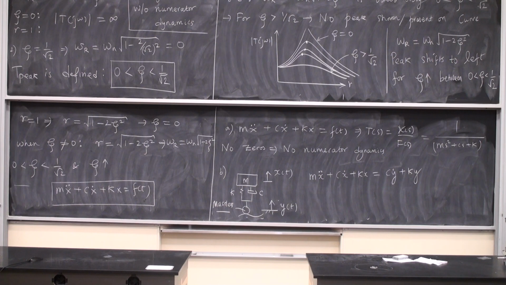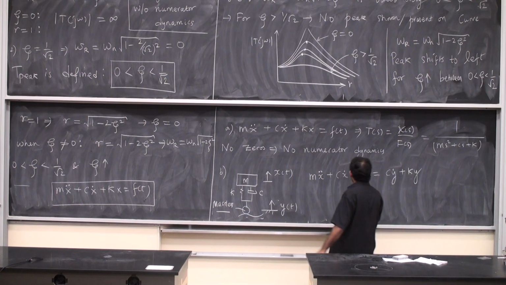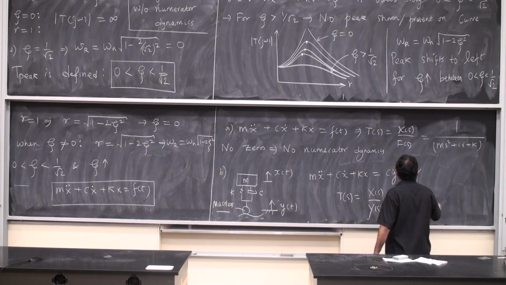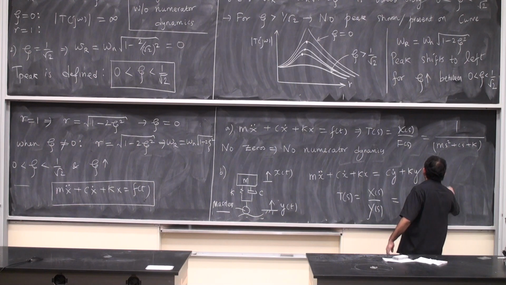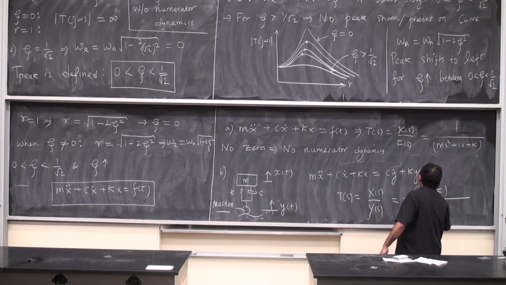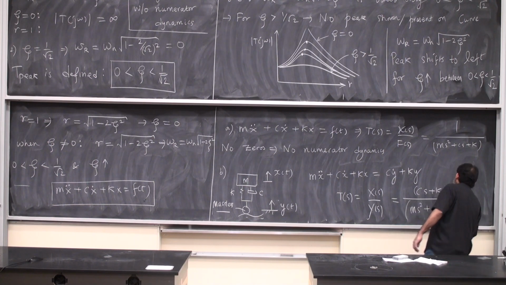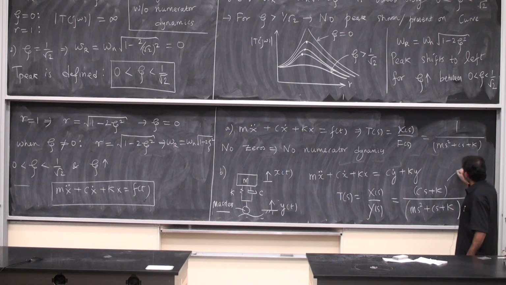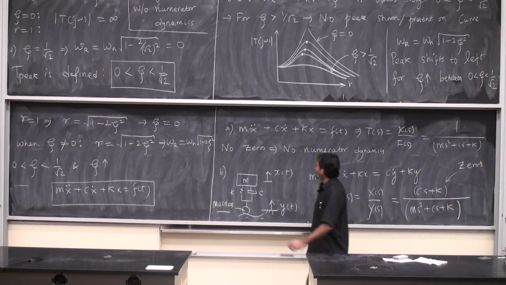Now if I take the transfer function, x of s by y of s is over m s square plus c s plus k, and you see that there is stuff going on in the numerator. It's no longer as nice as what we have here. This is numerator dynamics. You have zeros. So this is with numerator dynamics.